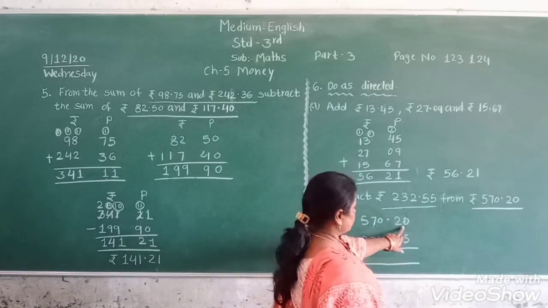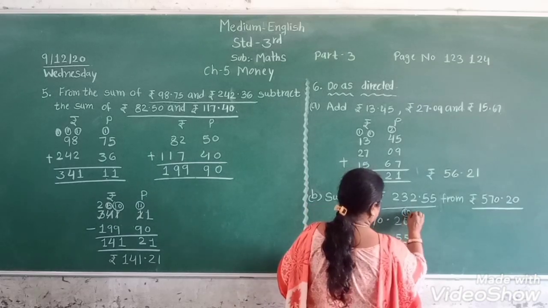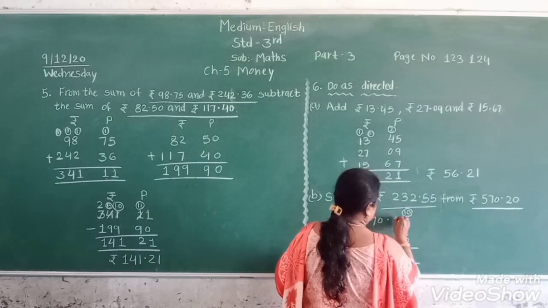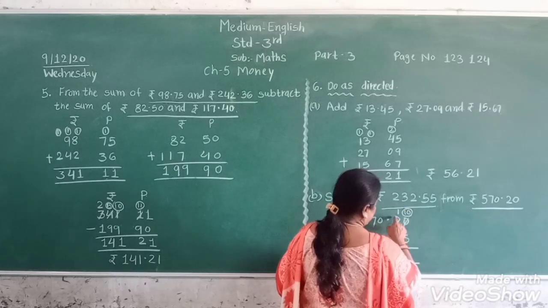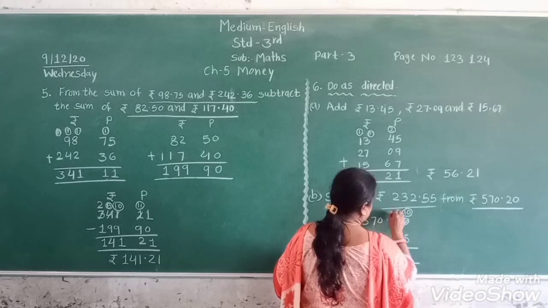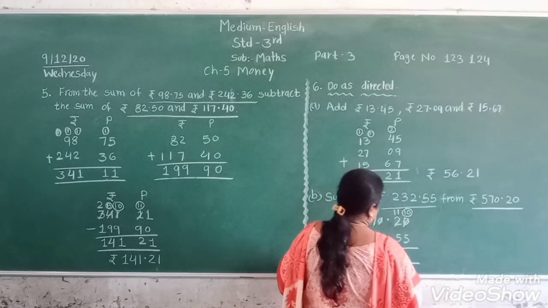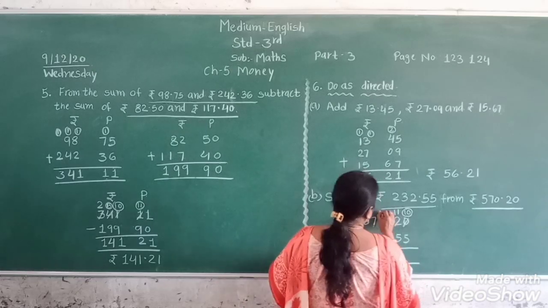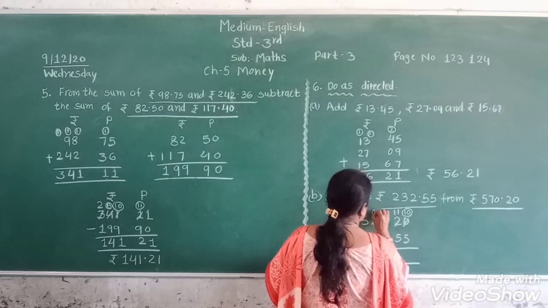5 cannot be subtracted from 0, so we take a borrow, 10. Here 1, 5 cannot be subtracted from 1, so again we take 1 here, we put down 9, here 6. Okay.